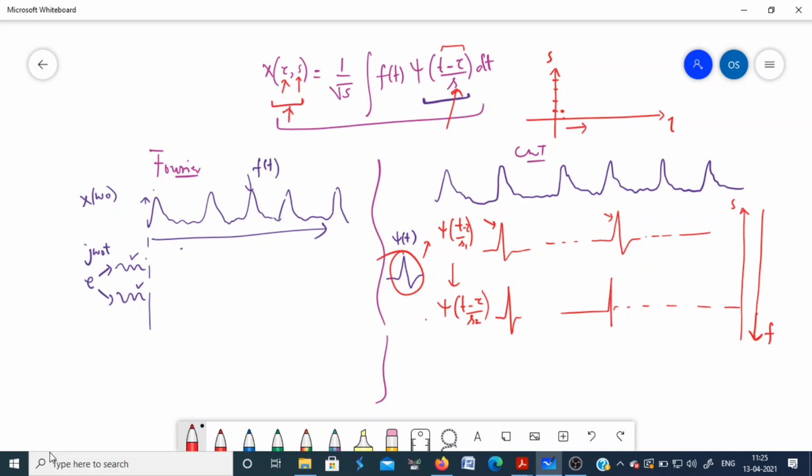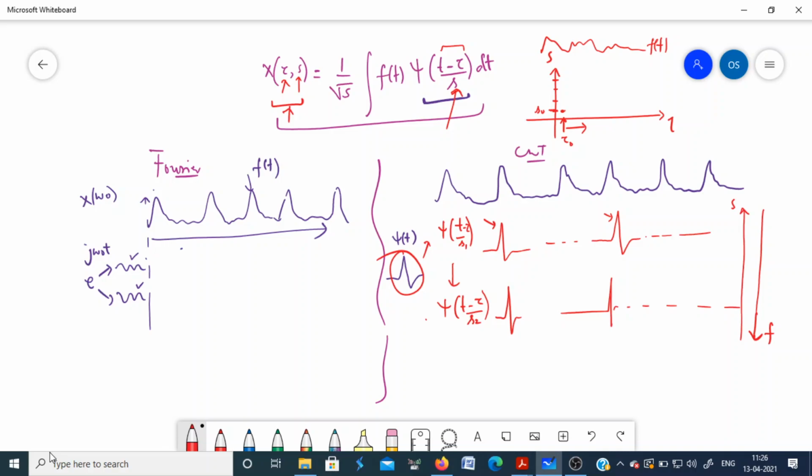What does this value give you? At this particular value of tau and this particular scale, if you have some signal f of t, you have chosen a wavelet which is located at this time, and its mother wavelet is scaled by this scale.